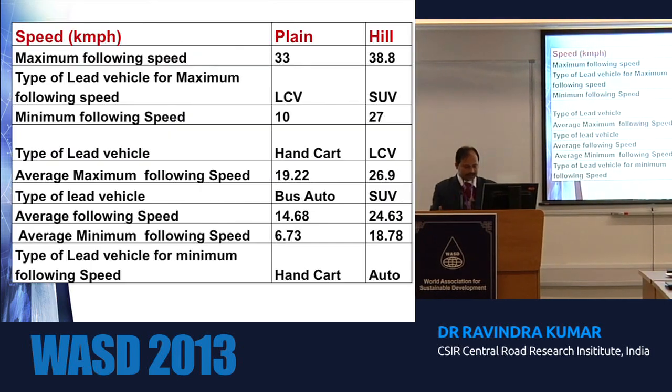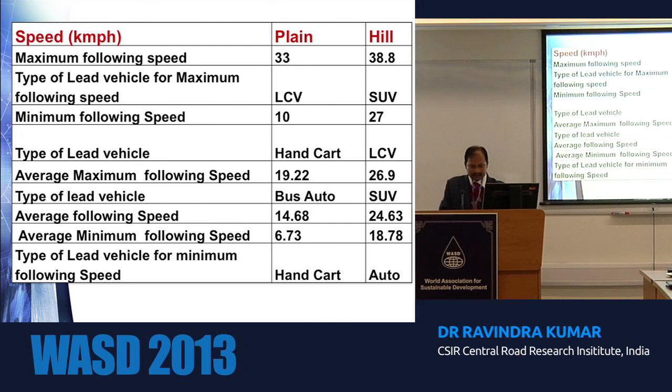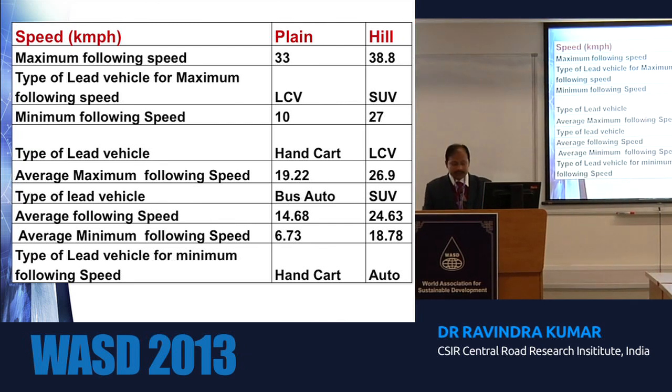And similarly, if we look at the following speed, in the plain it was 6.73 kilometer per hour for a hand cart, whereas in case of hills it was an 18.78 kilometer per hour minimum following speed. It shows that the speed in Silchar city is very low.